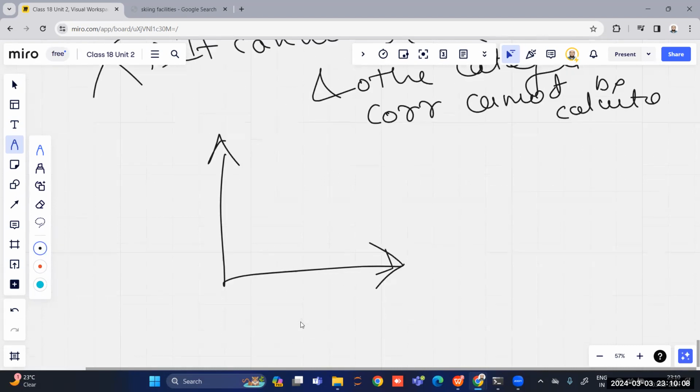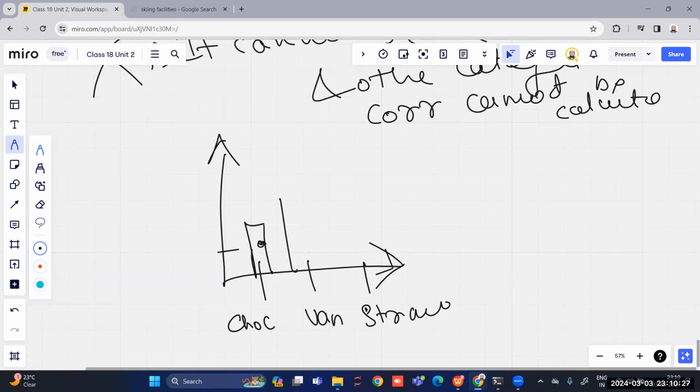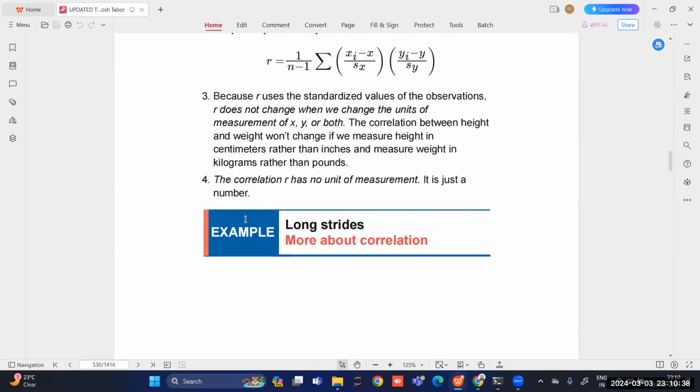For example, take the sales of ice cream: chocolate flavor, vanilla flavor, and strawberry flavor. In summers, whose sale is more? Suppose this is chocolate sales, this is vanilla sales, and this is strawberry sales. You can see it is an increasing graph, so it is a positive association.